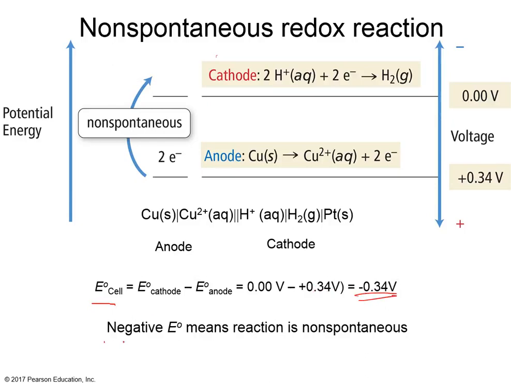So this negative E means this reaction is non-spontaneous. If this reaction is non-spontaneous, it means the reverse reaction will be spontaneous. So I'll continue on the next video.